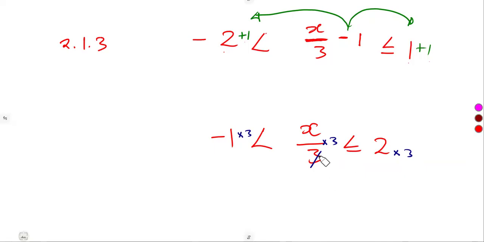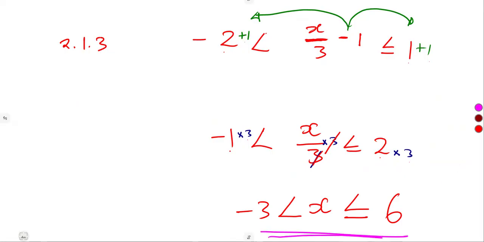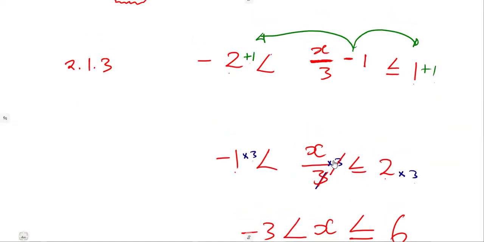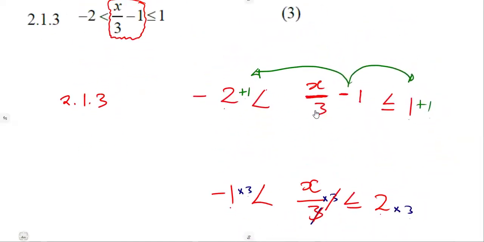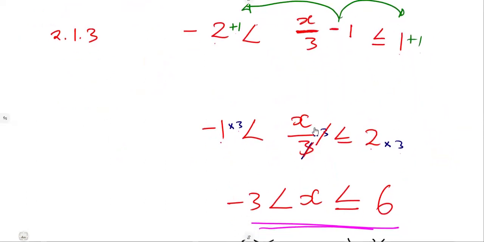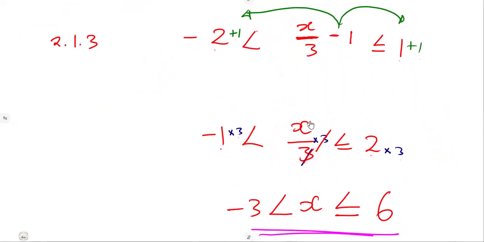So it is going to be x is greater than minus 1 times 3, that is minus 3, and less than or equal to 2 times 3, which is 6. Nothing is affected there. But let's say you were using a negative here. It was going to reverse our inequalities. Remember, a negative for multiplication or division reverses your inequality. But a positive does not affect anything. So that was it, guys, on how to solve that inequality.